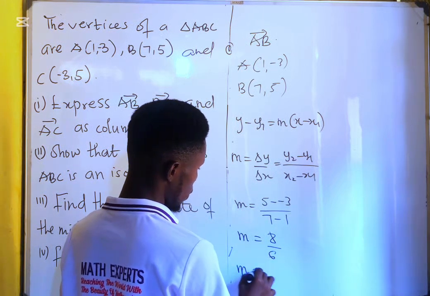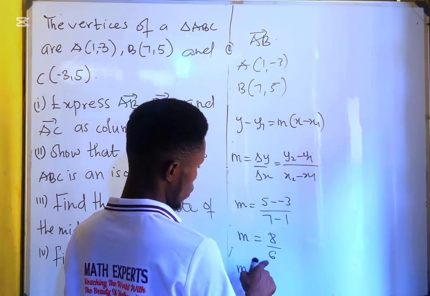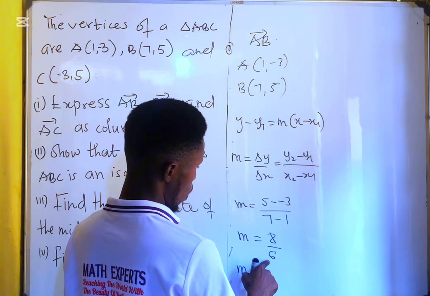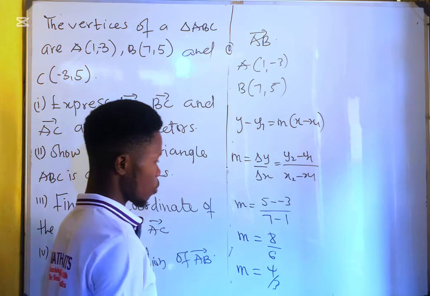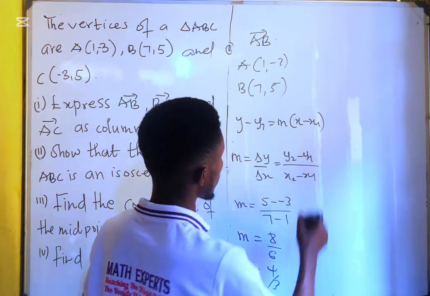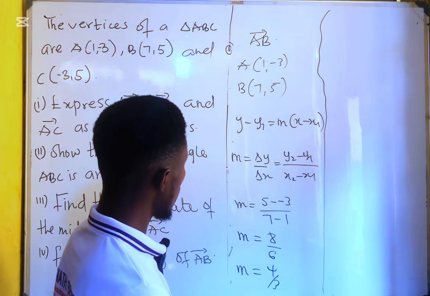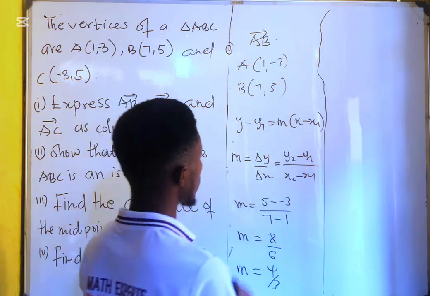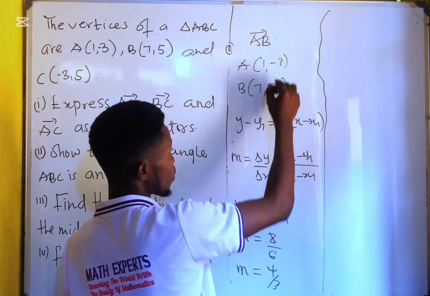So my gradient here becomes 8 over 6, which is 4 over 3. 2 goes there, 2 goes there. Okay, so this is our gradient. If that is our gradient, you're going to substitute this into the formula. You can use this point or that; anyone that you use, you still get the same answer. So I'm picking this one.